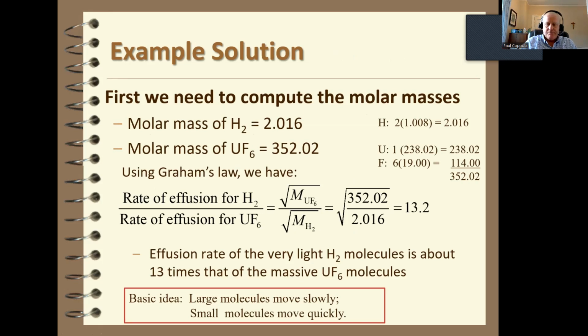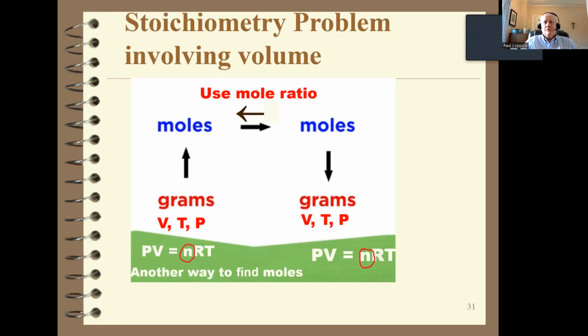Okay, slide 31. Oh, there's our stoichiometry problem chart. It just shows that there's another way to get moles. We learned if you have grams, you divide by the molar mass, that'll give you the moles. If you have molecules, you divide by Avogadro's number, that'll give you a number of moles.